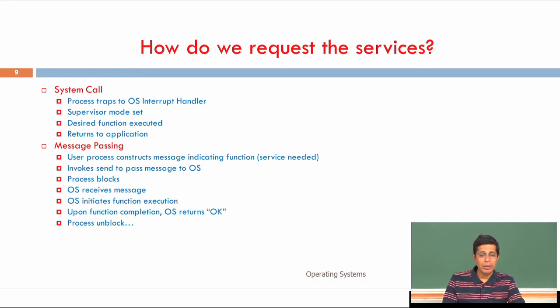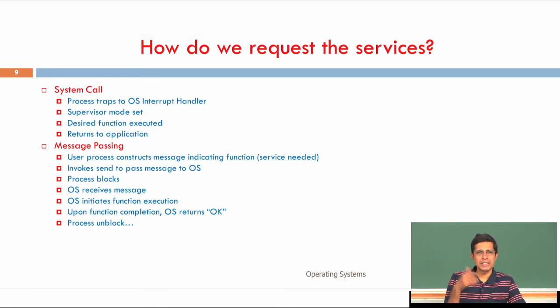There is also something called message passing. What do you mean by message passing? The user constructs a message which it wants to deliver to the operating system, and it invokes a send to pass the message to the OS, and once it sends the message to the OS, it gets blocked. It starts waiting, so some other process can start working.